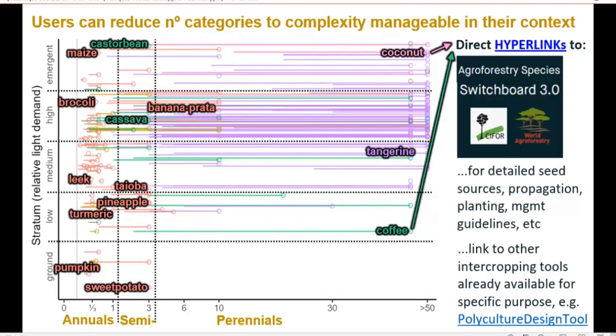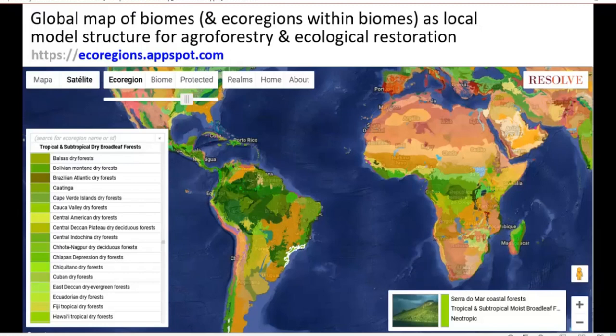So our idea is our tool serves as a starting point to find other tools that are either regionally more relevant or in terms of the topic, the challenge involved for a particular project.